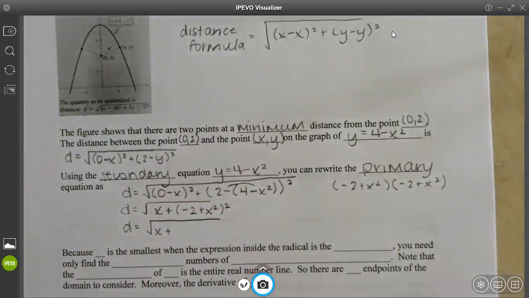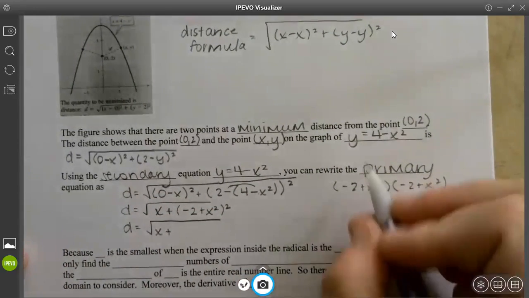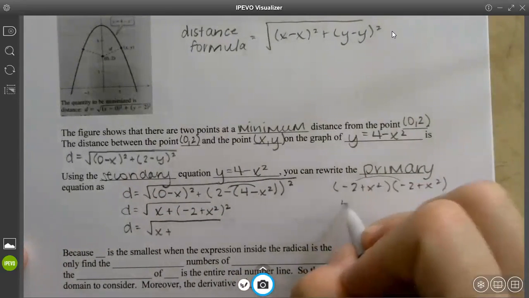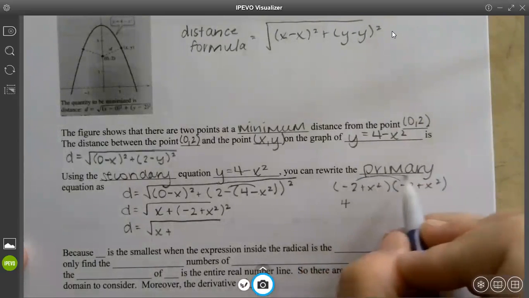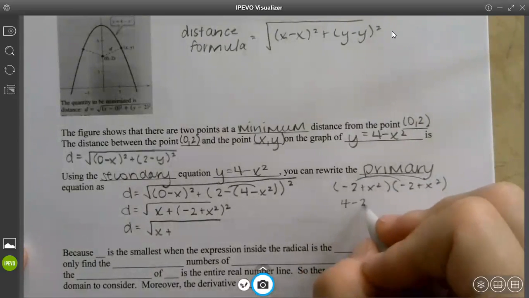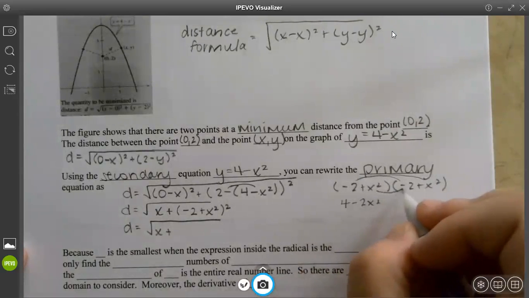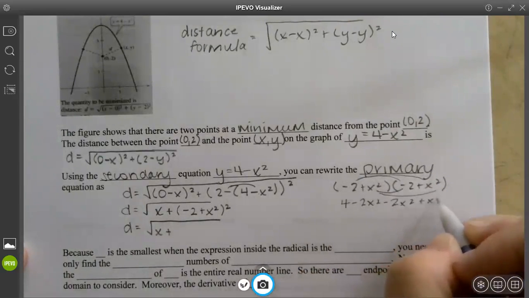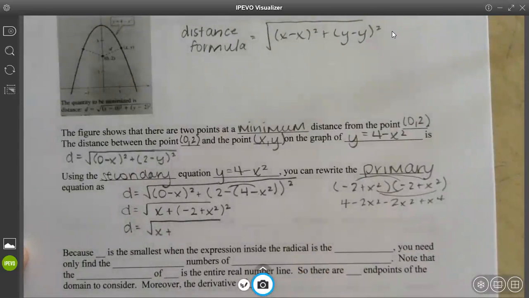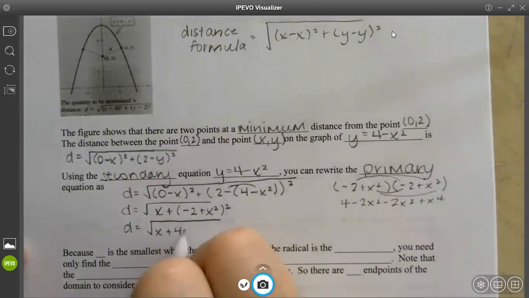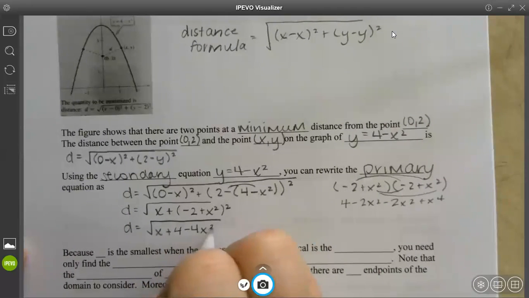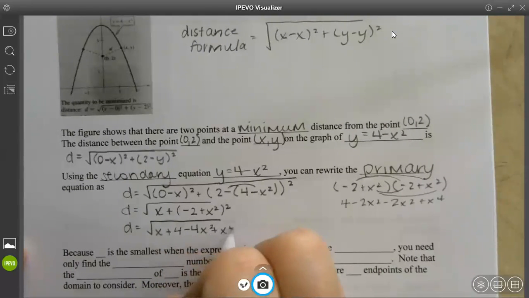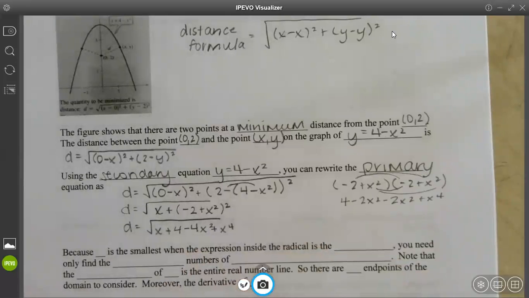I don't ever have to write it out, but just so you guys can see it. -2 times -2 is +4. -2 times x squared is -2x squared. -2x squared. And then x to the 4th. So down here, 4 minus 4x squared plus x to the 4th.